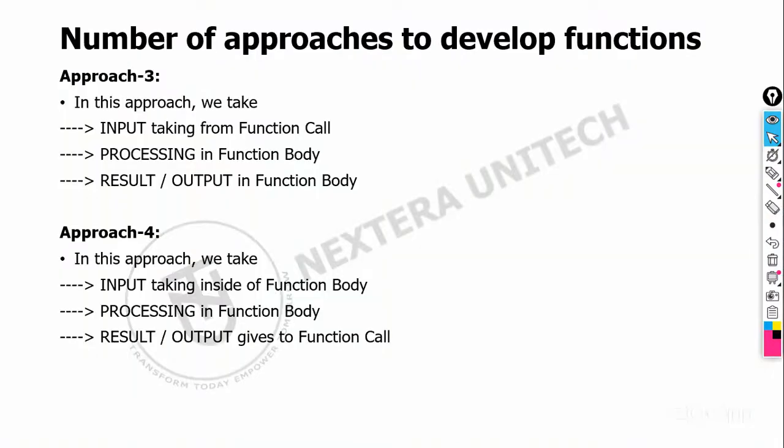It is quite opposite to approach 3. The input will be taken inside the function body, processing anyways in the function body, but the result or the output will be given from the function call. Quite opposite.